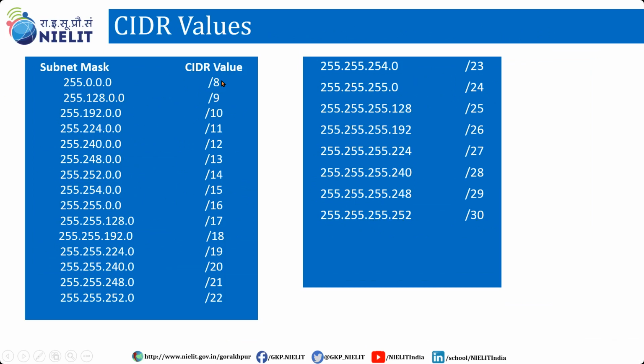So this is the valid subnet mask range for all classes. For class A, this entire range of subnet mask values will be permitted. But for class B, we will start from /16, because a minimum of 2 octets is used by the default subnet mask of class B. Similarly, in class C, we have a minimum of /24 and a maximum of /30.